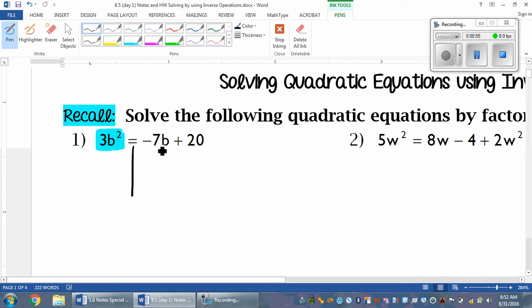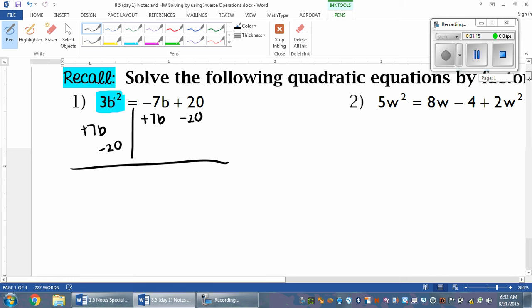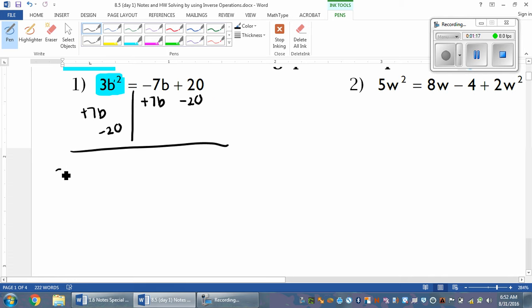So we'll move negative 7b over to the left. Here, since 20 is on the right, we're going to subtract to get over to the left. Now, if you recognize 3b squared, 7b, and negative 20 are not like terms, you cannot combine them. So we're just going to write them in the correct order, standard form.